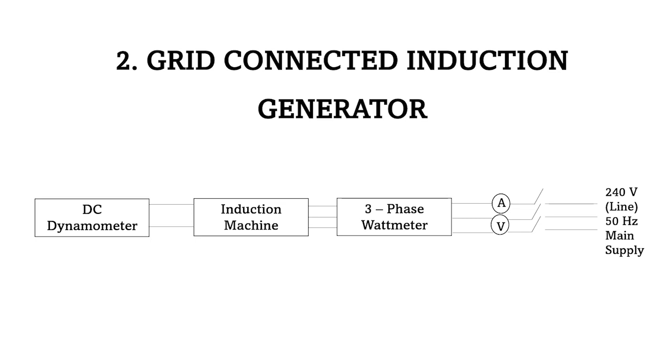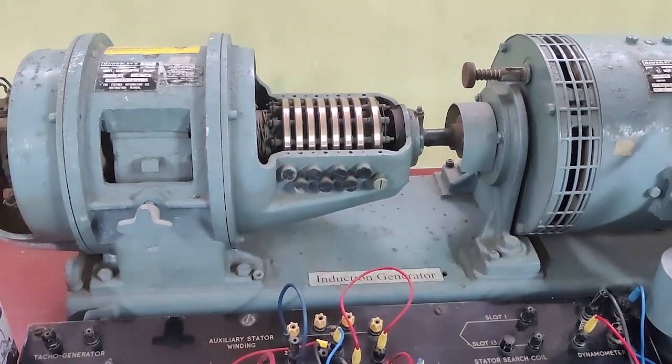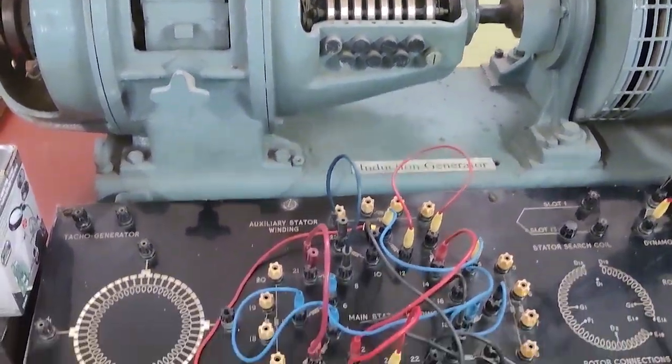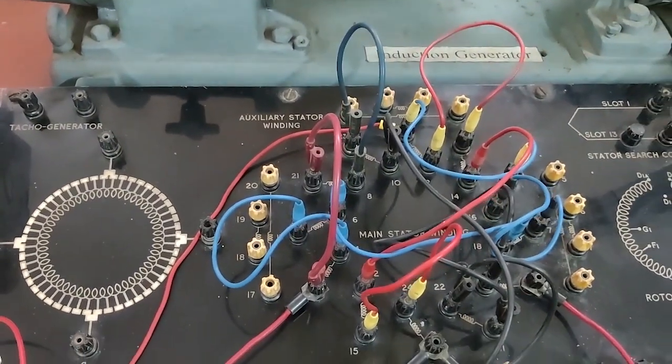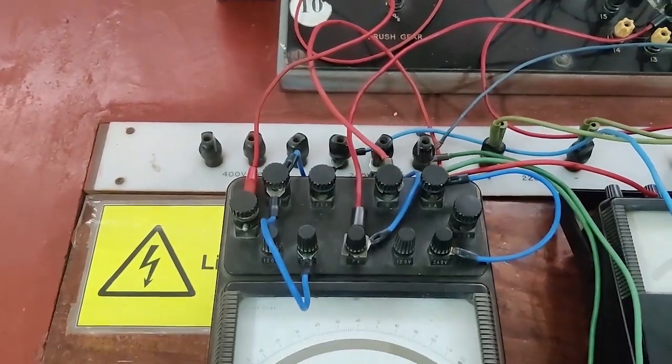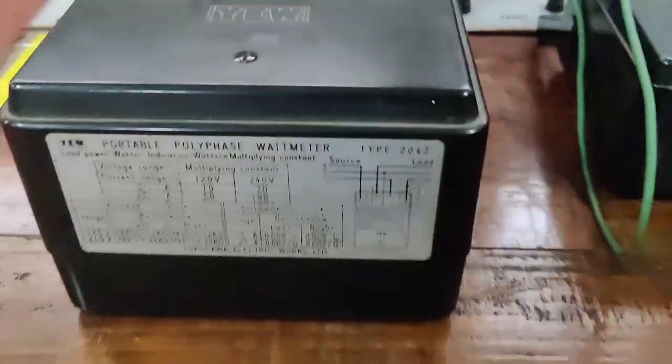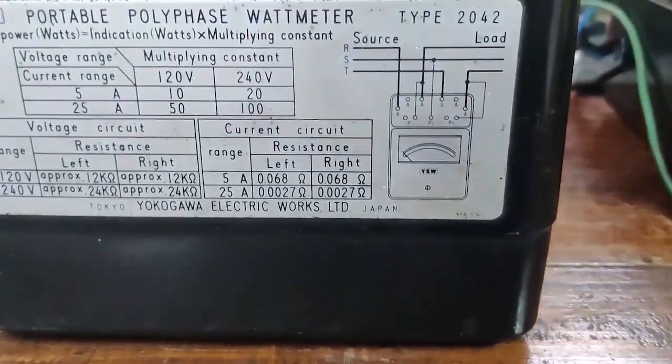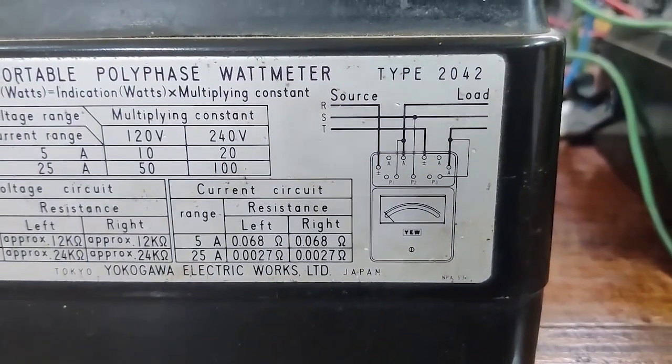As we have discussed in the theory, here the induction machine is connected to the supply mains. So here, the induction machine is connected to a 3-phase wattmeter. The connections are made according to this diagram. So you can see the connections here.